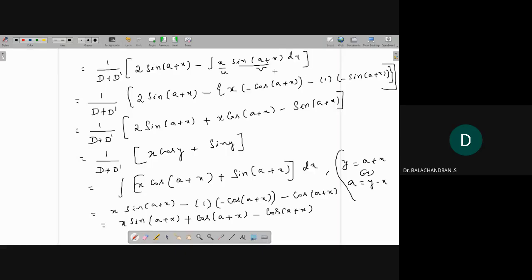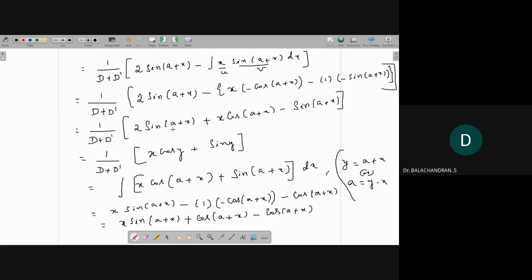If you integrate minus cos of a plus x, you will get minus sine of a plus x. So 1 by (D plus D dash) of 2 sine of a plus x minus, into minus, plus x into cos of a plus x. Here minus, here minus, here minus, totally 3 minus, so minus sine of a plus x.